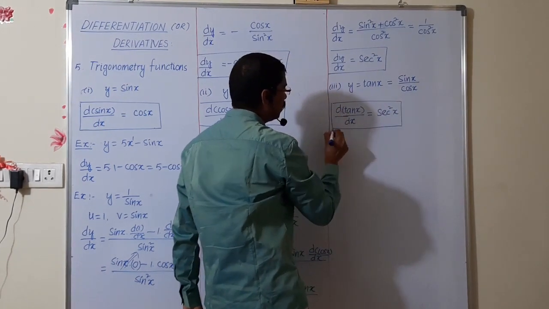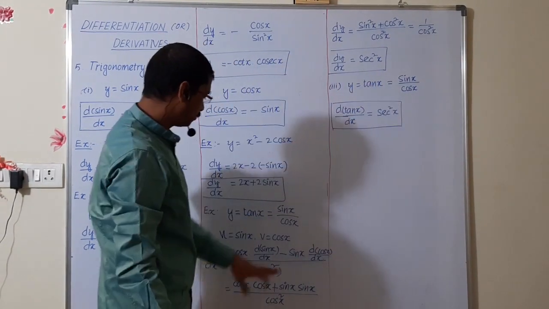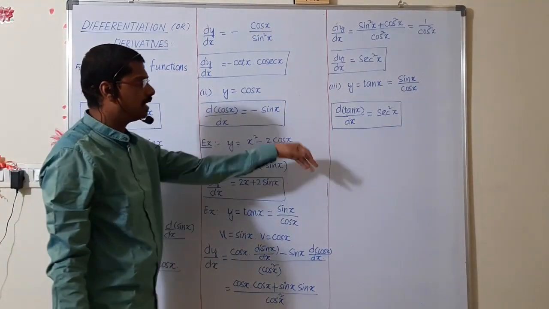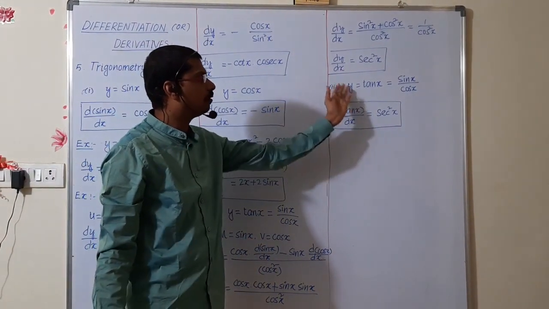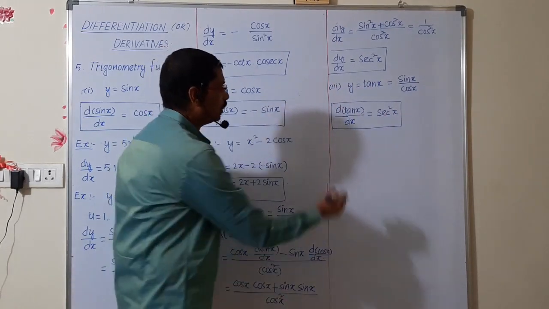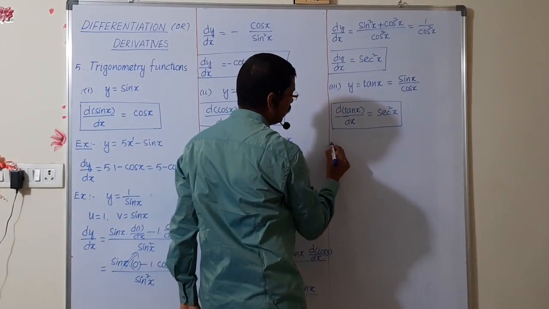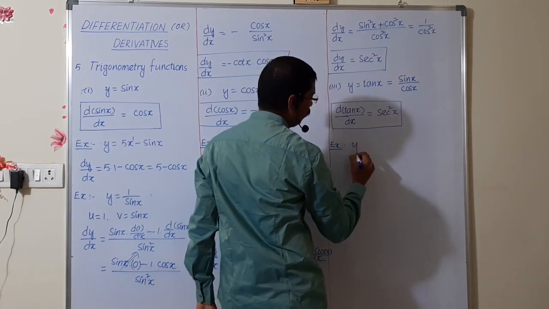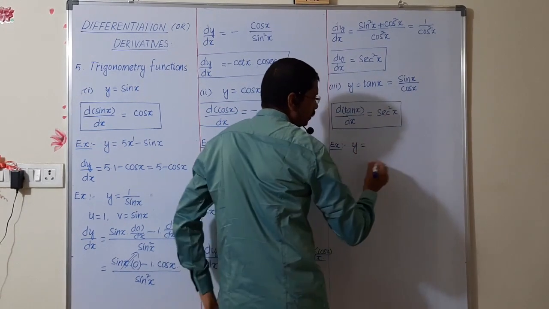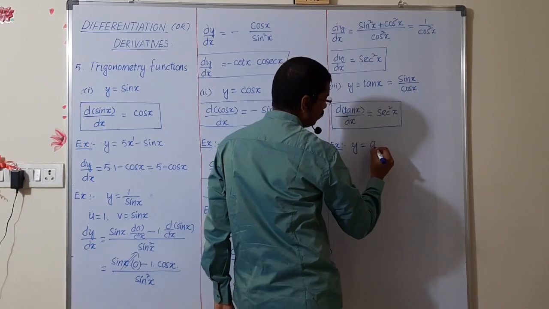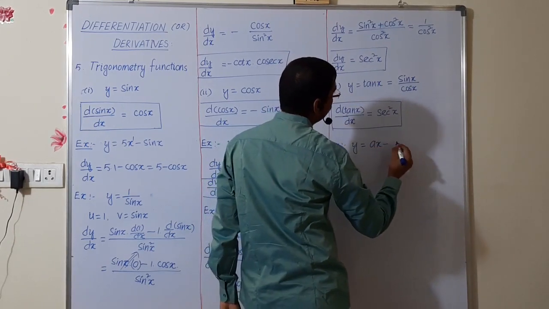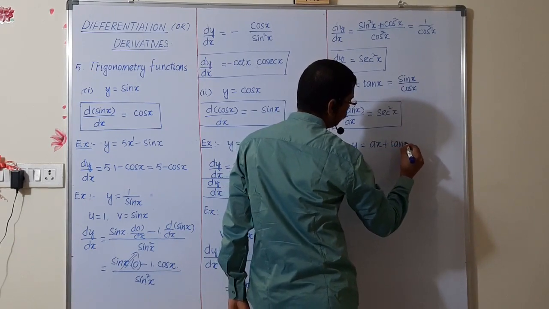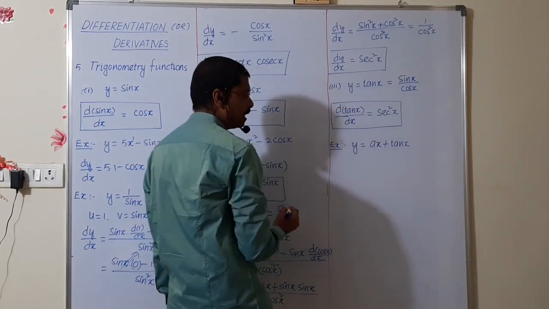This formula we have already solved by using this concept. You can take the same example, any example we can take. Otherwise, if you want to make it a very easy formula, y equals ax plus tan x. How can we take this value?